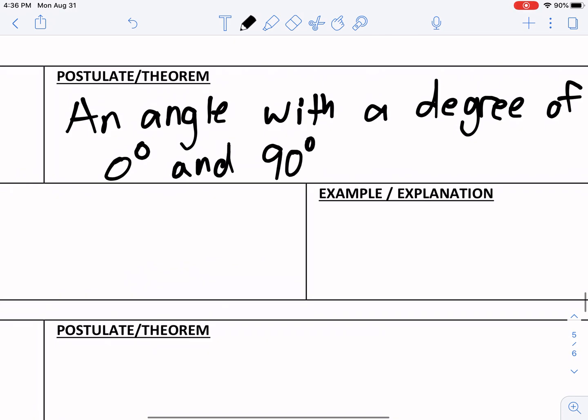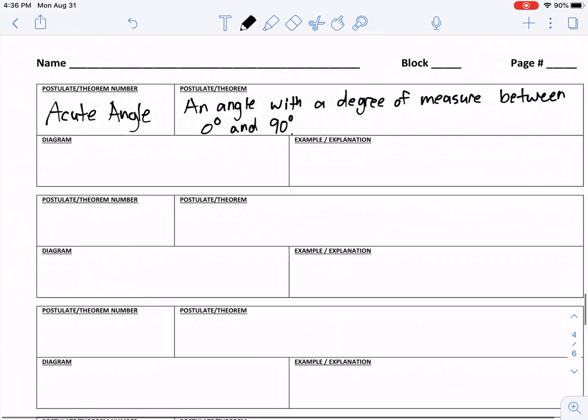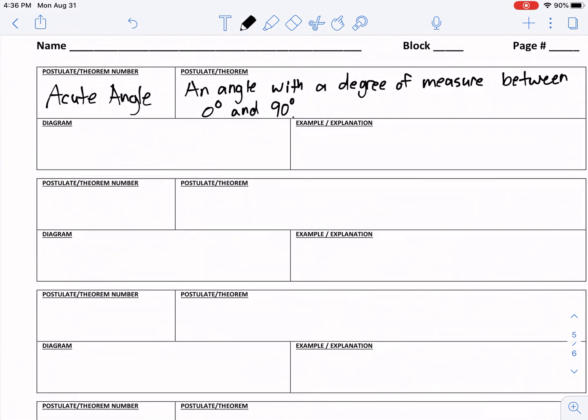And so this little circle above represents degrees, just like when you think of Fahrenheit, but we're talking about degrees in terms of an angle, okay? So an acute angle is an angle with a degree measure between 0 and 90 degrees, okay?